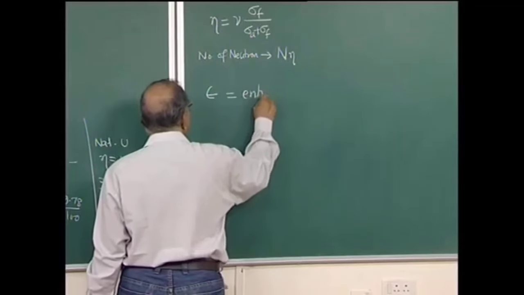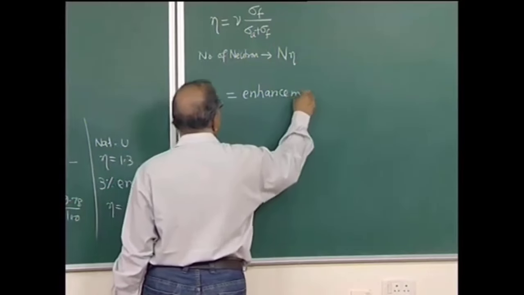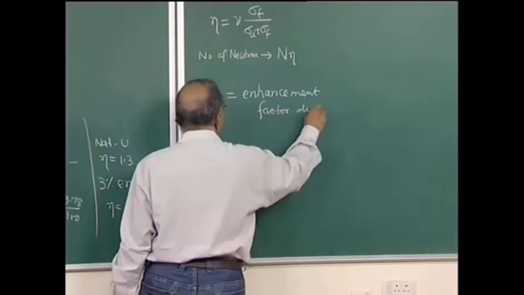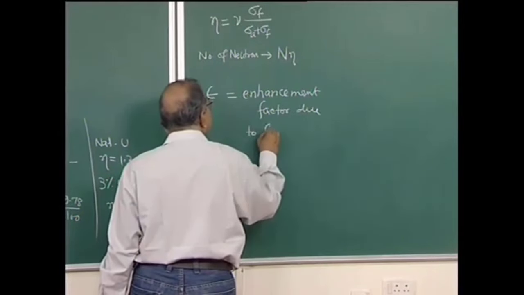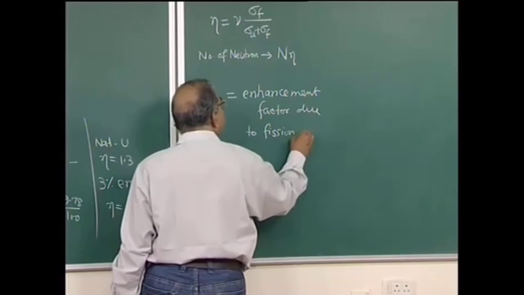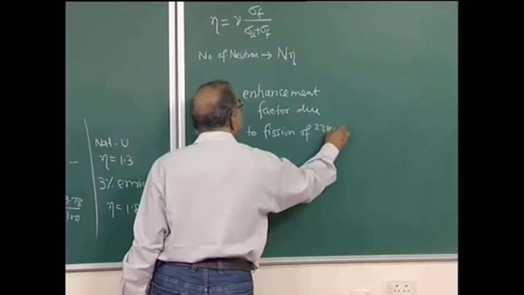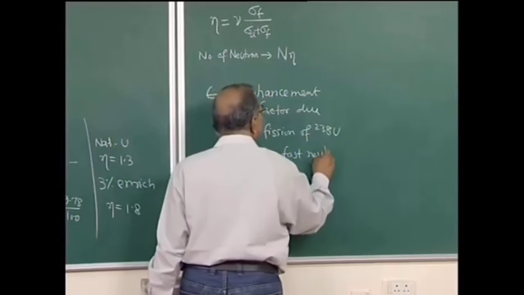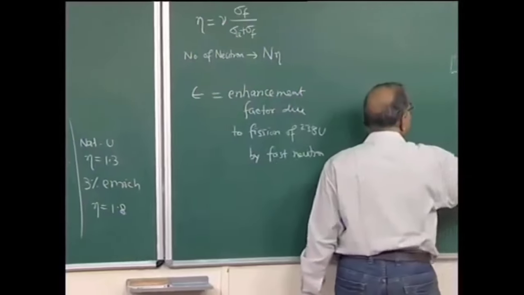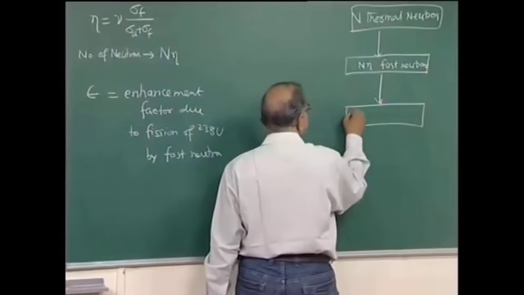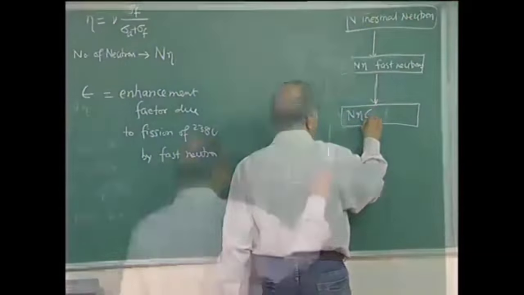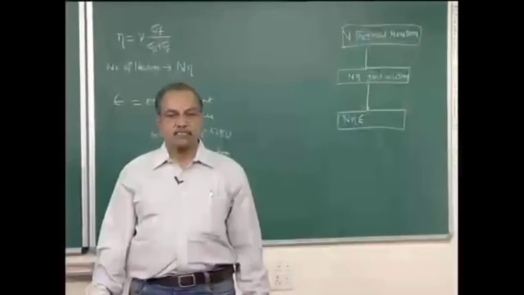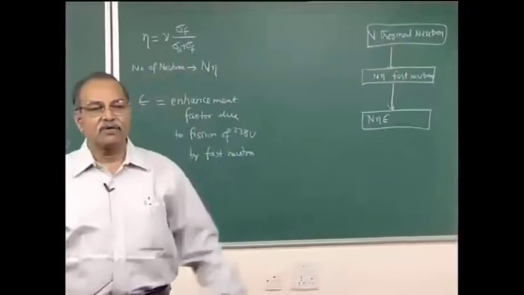This is the enhancement factor due to fission of uranium-238 by fast neutrons. So, now you have N into eta into epsilon. So, these many fast neutrons are there and they come to the moderator.